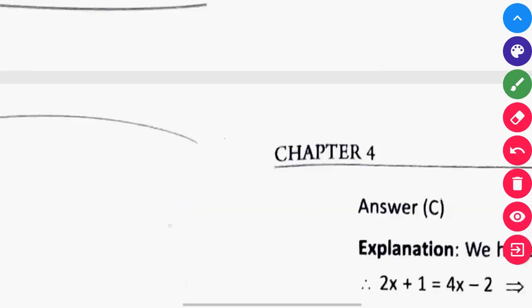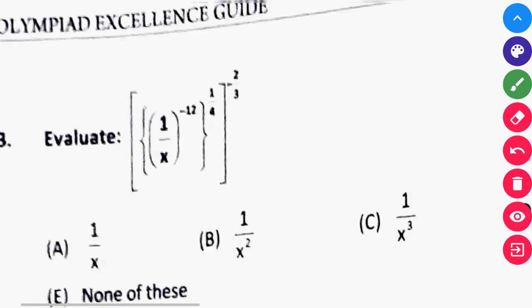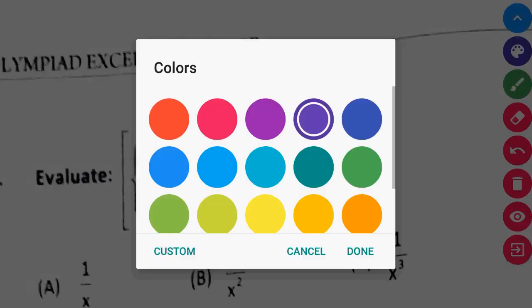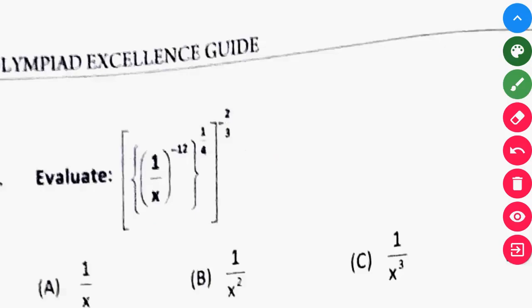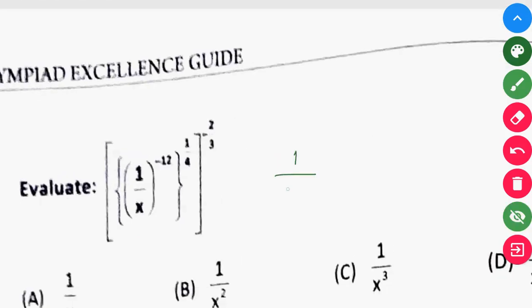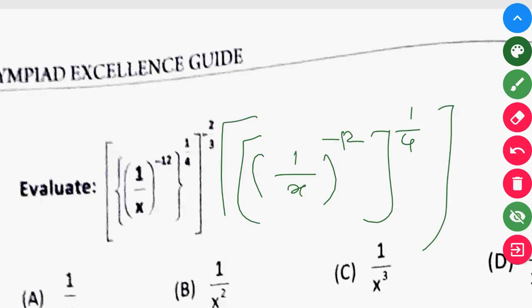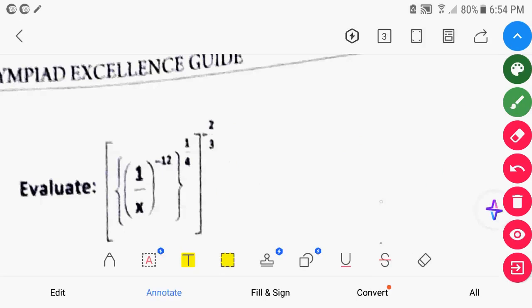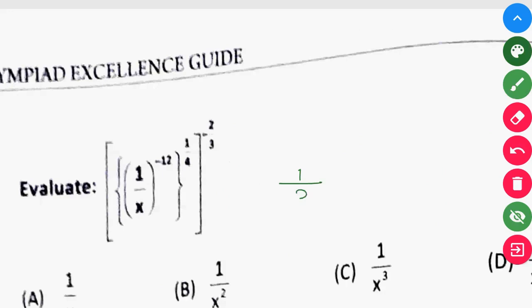Okay, now the next question is you have to evaluate this equation. Now 1 by x, whose power is minus 12, whose power is 1 by 4, and whose power is minus 2 upon 3. Now what we do, we keep the common base at the base side and we multiply all the powers.